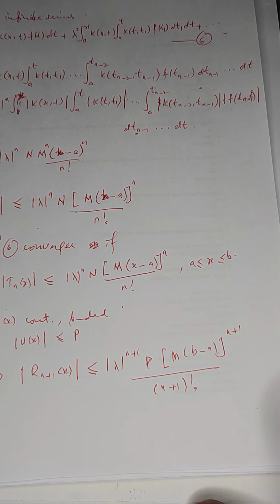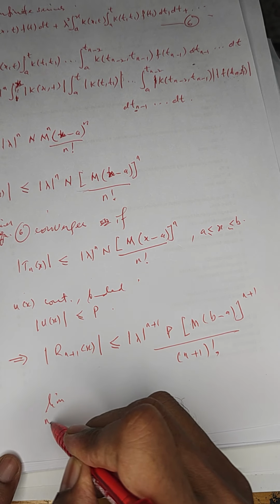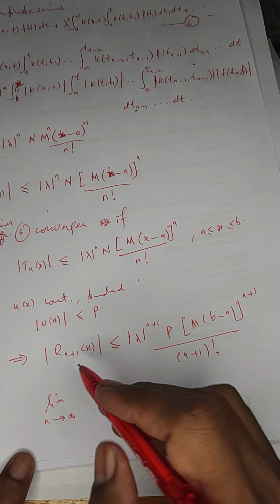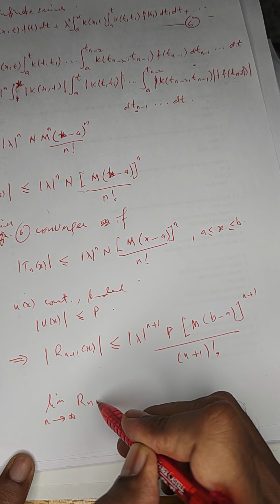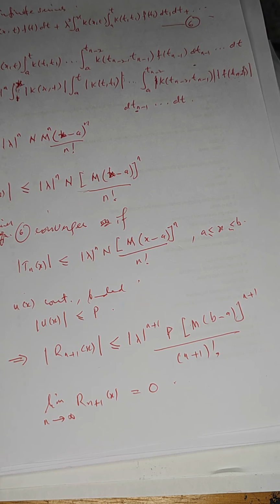Then of course, if we take the limit as n goes to infinity, R(n+1)(x) gives you 0.